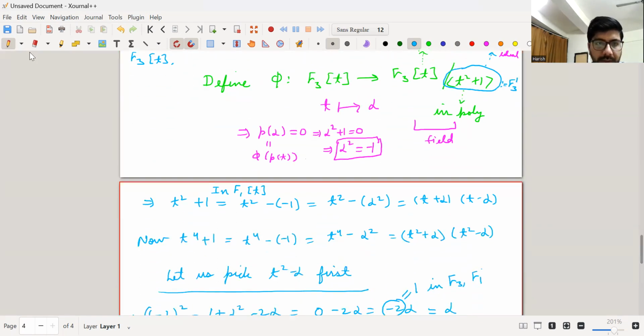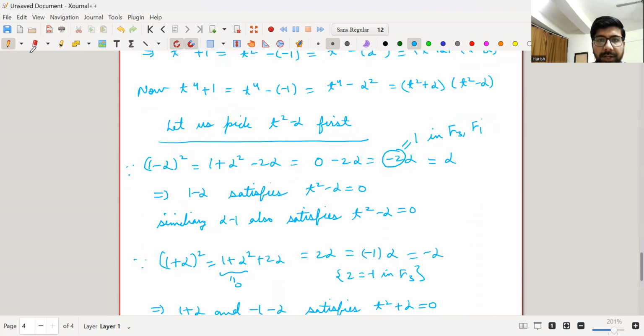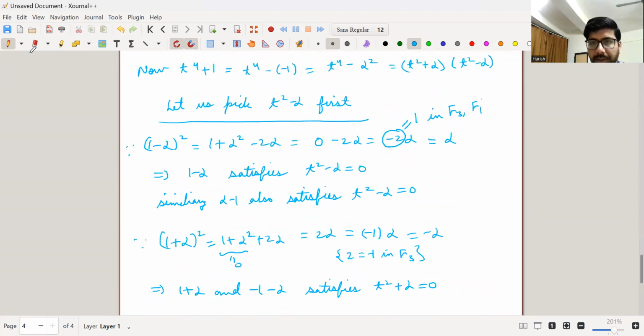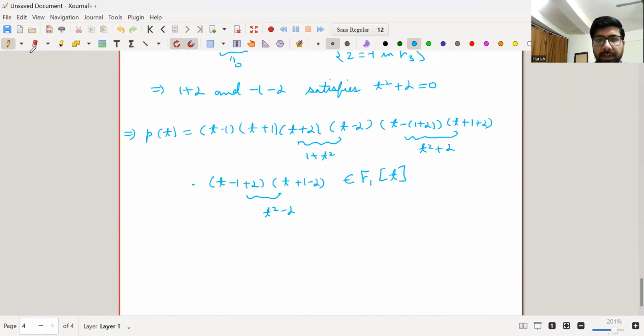So it's some extension of f3 which contains all roots of this polynomial. Similarly for any field and any polynomial inside it, we are sure to get an extension such that it contains all the roots of the given polynomial. Okay, is it clear?